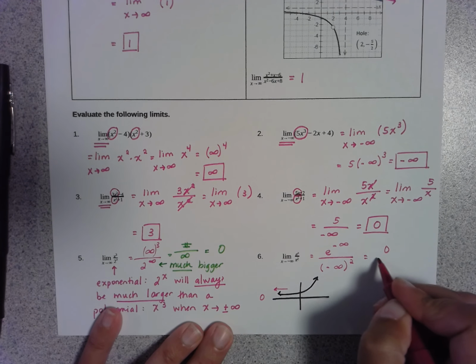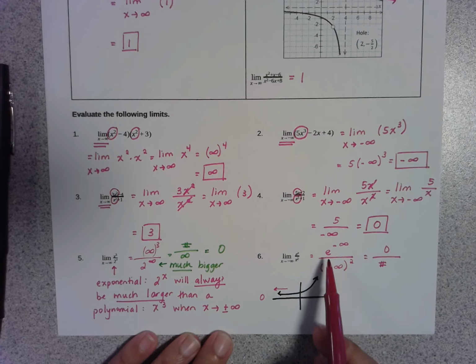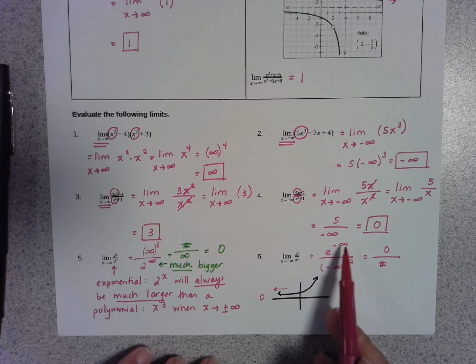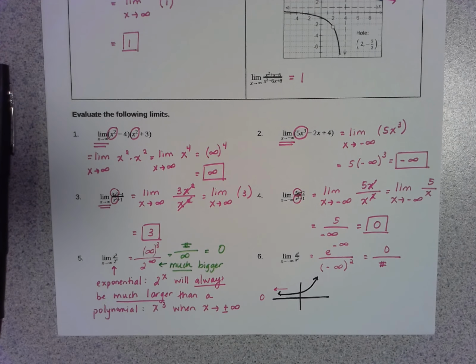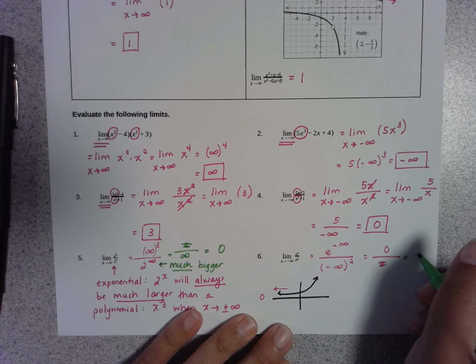So what we would have here is 0 divided by a number. And again, this is a number because e to a power of infinity, an exponential function is so much bigger that it wins. So a 0 divided by a number would just be 0.